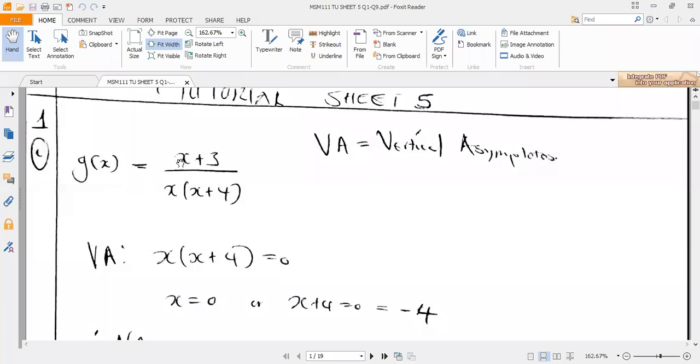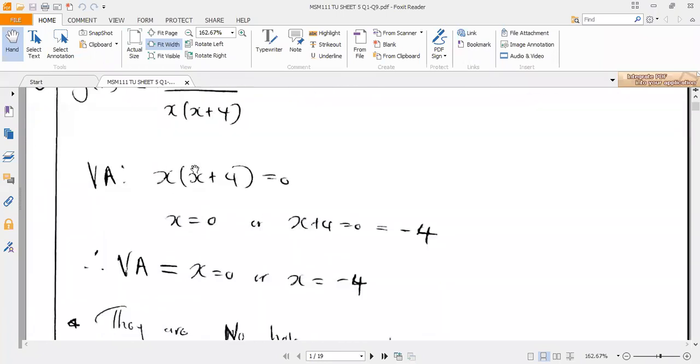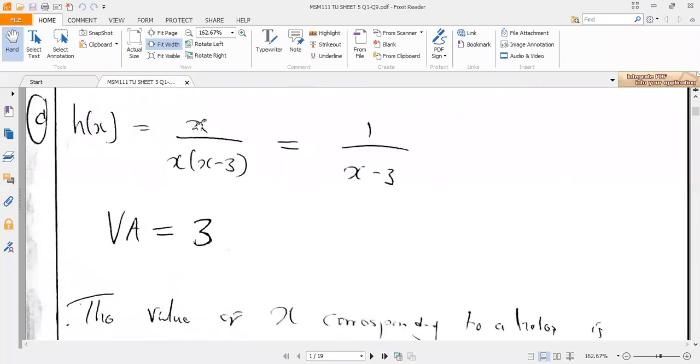Now for these guys, there's nothing common. But when you look at this one here, you notice that this x is just alone, and then there's also an x which is just alone, isn't it? So we can cancel, isn't it? And we have this new function here, 1 over x minus 3, isn't it? So we equate this to 0, isn't it? To get... Okay, in the conclusion, where is the x equal to 0 coming from? That's why I'm not clear.